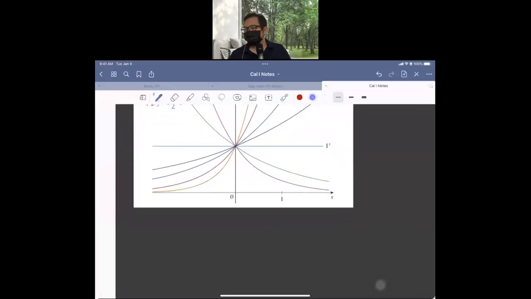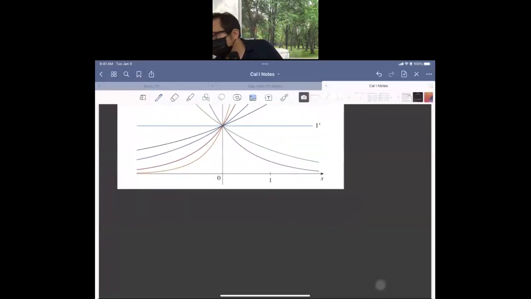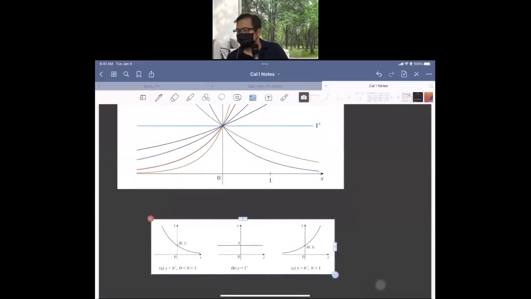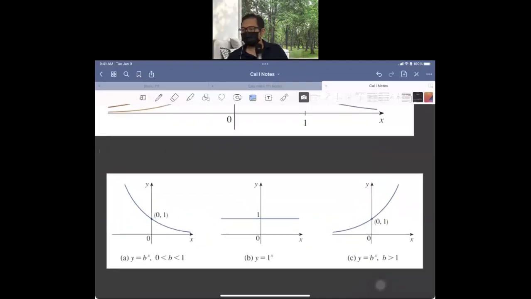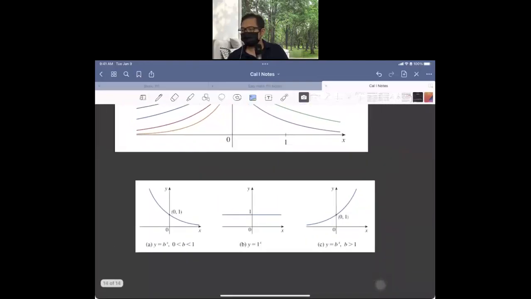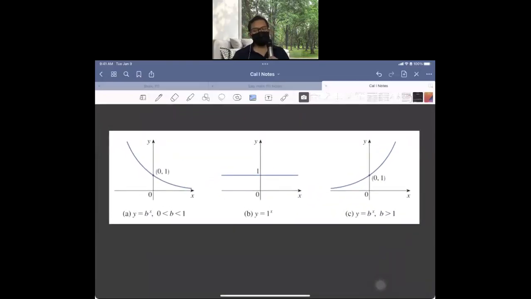Okay, that's one way to see the transformations. And another way is, let me check, I think this one. Yeah. This is my explanation from before. So when b is positive, I said this is the default way to see the exponential. The default is this one.